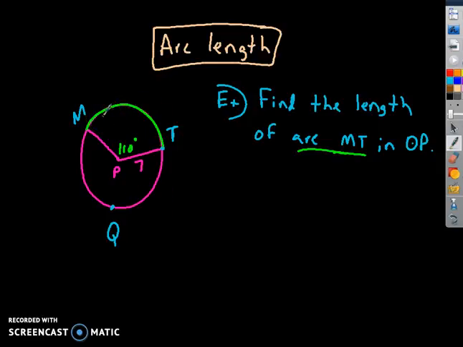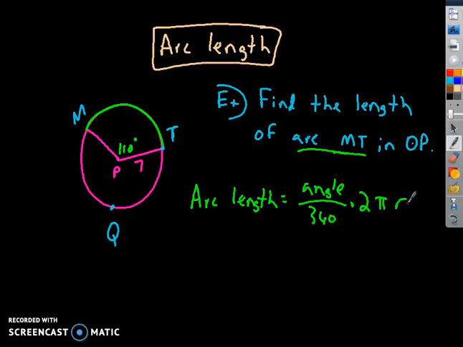So the formula for arc length is equal to angle over 360, so that part over the whole, times the circumference formula, which is 2 pi r. So because we're looking for a portion of circumference, the proportion of it is whatever the angle is out of 360 times the whole circumference formula.